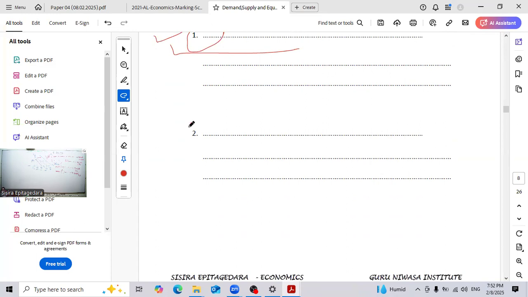Second factor, write down advertising. Second factor affecting demand is advertising.